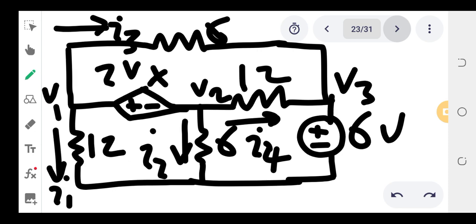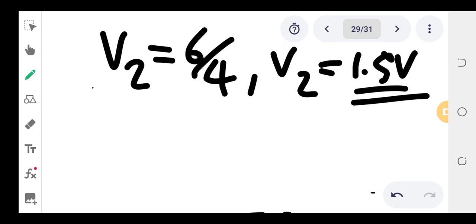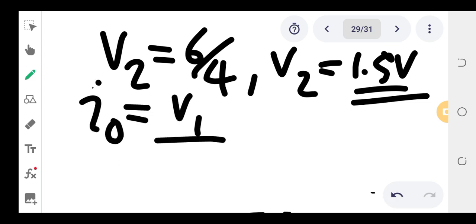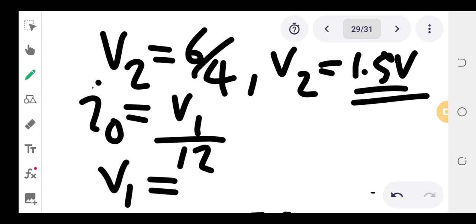We need to come up with V1 because I know that current IO is equal to V1 over 12 ohms. From the relationship that I had previously, V1 equals 3V2.